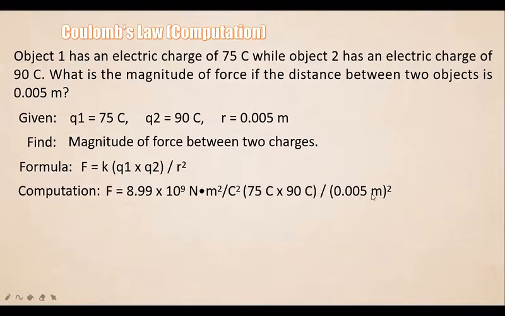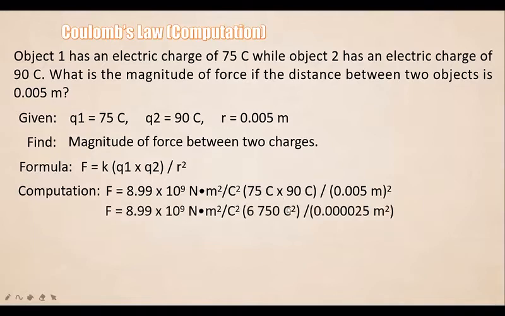The first thing we need to do is multiply the two charges, Q1 and Q2. If we multiply that, the answer will be 6,750 Coulomb square.